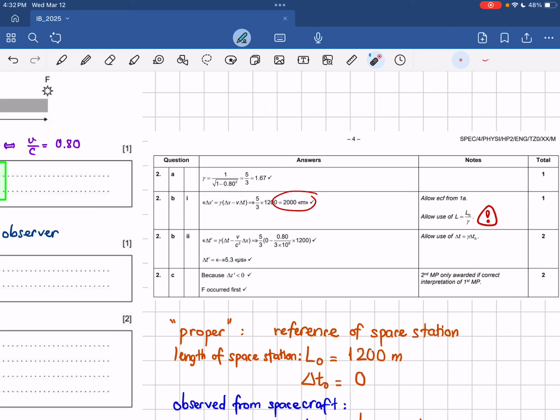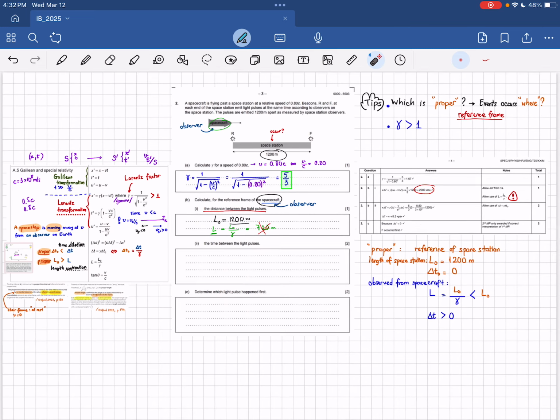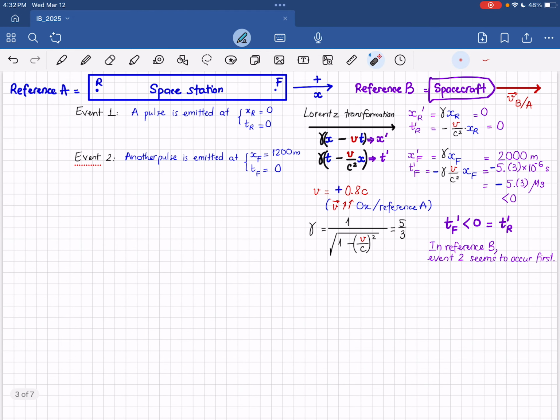So here, I just want to focus on how to use the Lorentz transformation, and the key thing is why we cannot use this equation. Okay, so these are the details.